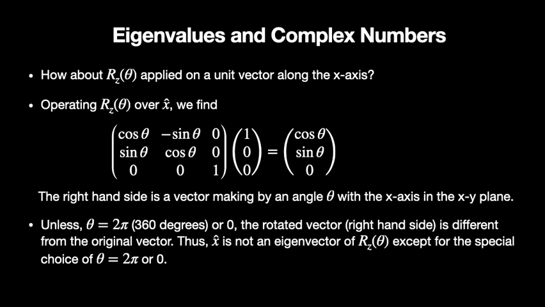It's only when theta is 360 degrees that cosine 360 degrees is 1 and sine 360 degrees is 0, so you end up getting x hat. So only for those special values of rotations can we say that this equation is an eigenvalue relationship. And so typically we'll say that Rz theta as a matrix or as a transformation will not have x hat as its eigenvector, except for these very special choices of rotation.